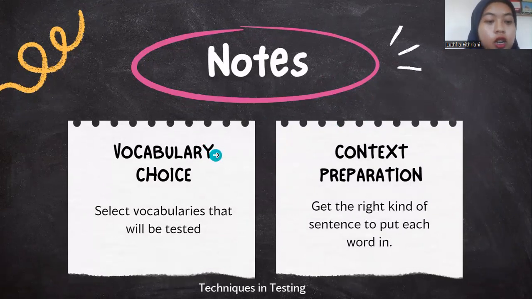The first thing the teacher needs to do is select the vocabulary that will be tested. The second is context preparation. After selecting the vocab that will be tested, the teacher should get the right kind of sentence to put each word in.